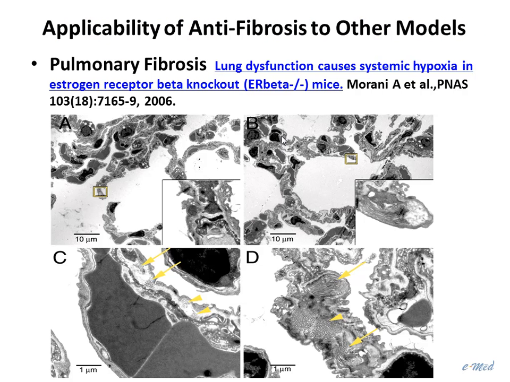Is this only in the heart? Jan-Åke Gustafsson, who discovered ER-beta, showed that in his ER-beta knockout mouse, unprovoked, that mouse has pulmonary fibrosis. If you look at the end of the lung, this is the terminal alveolus, which is boxed over here, blown up over here. This kind of onion skin pattern shown by the yellow arrows is fibrosis.